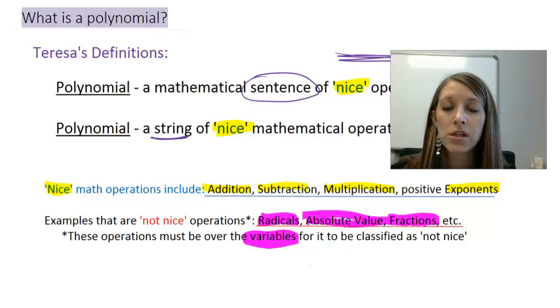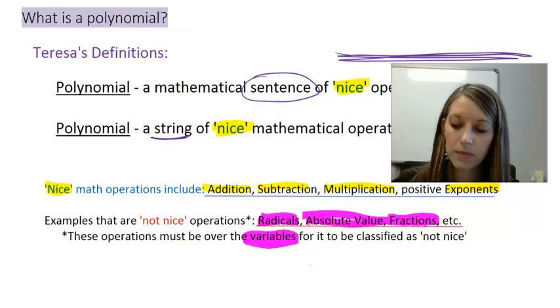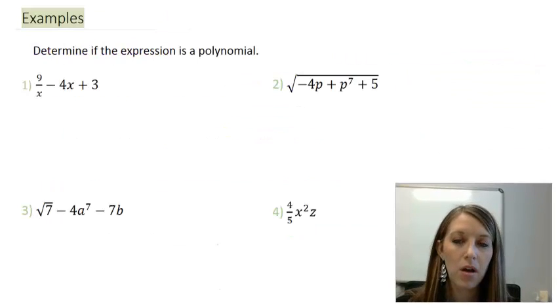If those operations are over the numbers in our expression, then that can still be considered a polynomial. At this time, I definitely don't expect you to fully understand what a polynomial is, so let's work through some examples so hopefully I can clarify some of the questions that you may have.